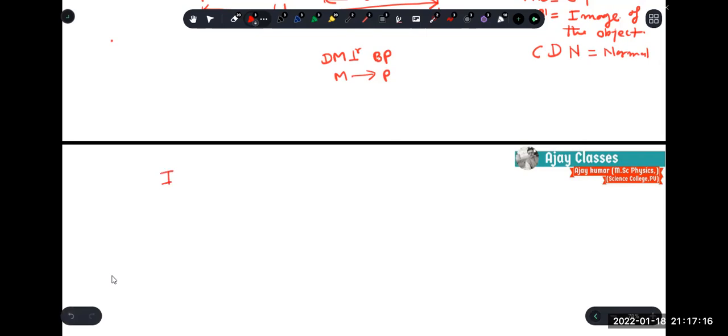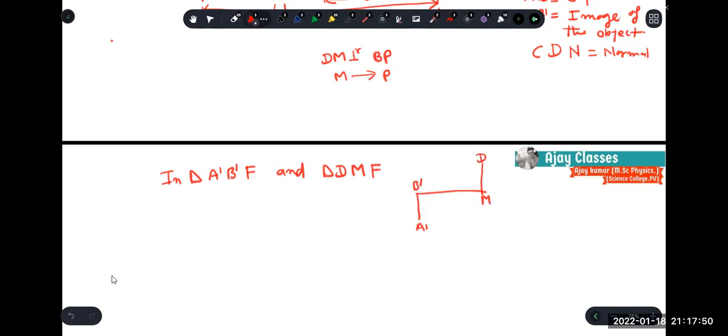In the triangle A dash, B dash and F, and another triangle which is similar, D, M, F, we get such triangles where the image is formed.